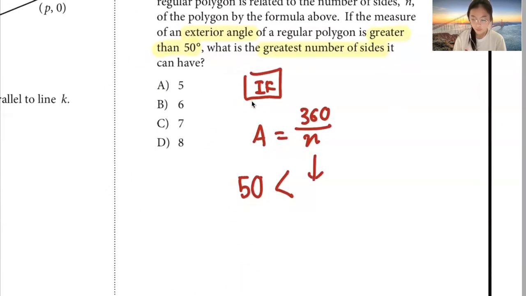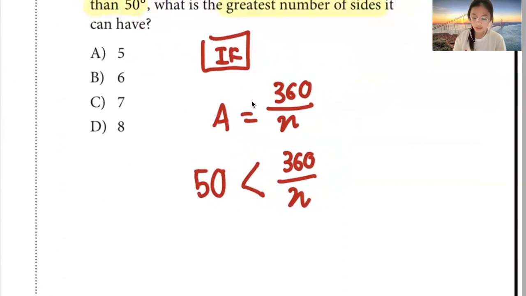And that's exactly what we're going to put here, because 360 over n is A, which is an exterior angle. So we're just going to put that there, and now we have constructed the inequality.